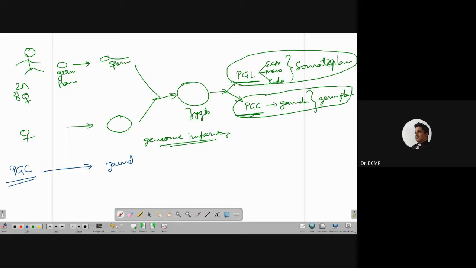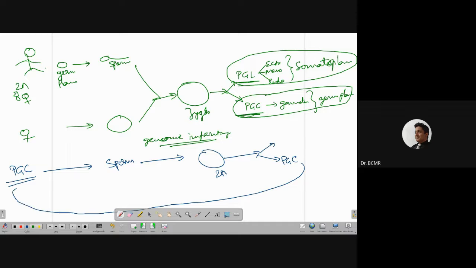For simplicity, what I'll do is I will write the sperm, and sperm will fuse and form a zygote that is 2n, which will form the somatoplasm and the primordial germ cells. Okay, this is the cycle that happens, right?